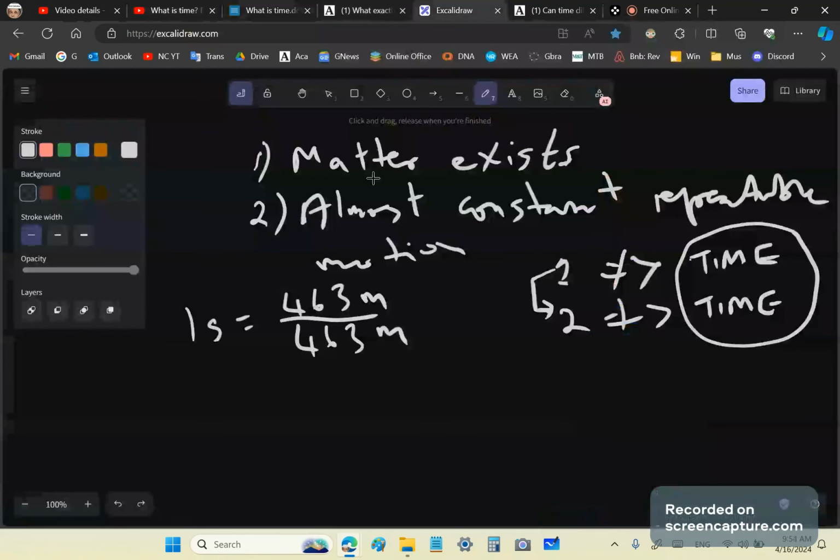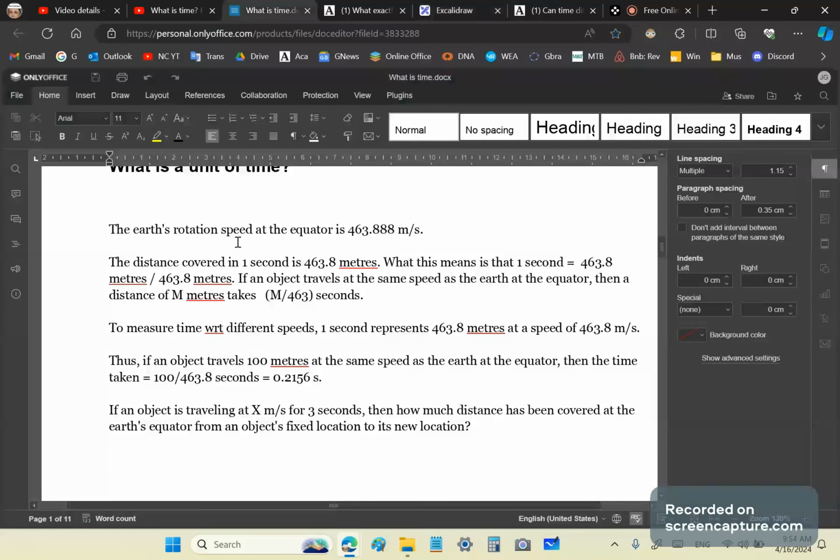So now, as we saw in the previous video, we need both matter and almost constant repeatable motion for time to exist as a well-defined concept. Otherwise, time doesn't exist. And we know that the Earth's rotation speed is approximately 463 meters per second at the equator. Therefore, what that means is that 463 meters are covered in 1 second.